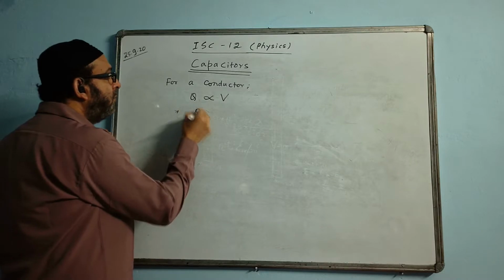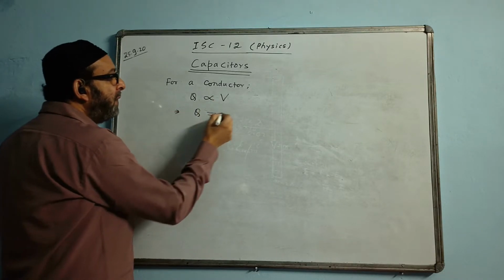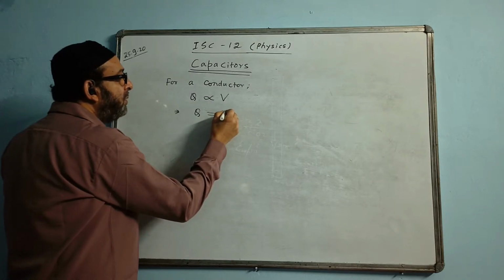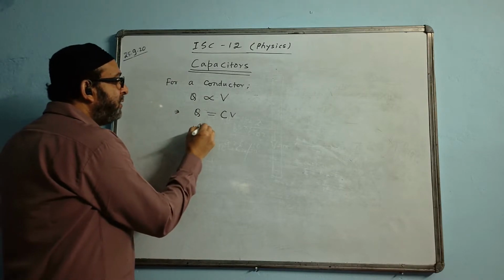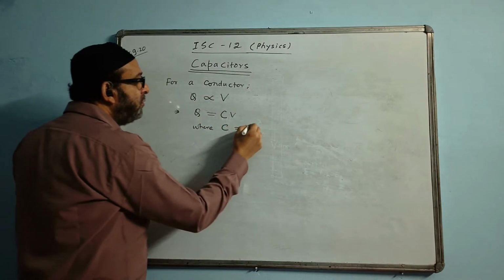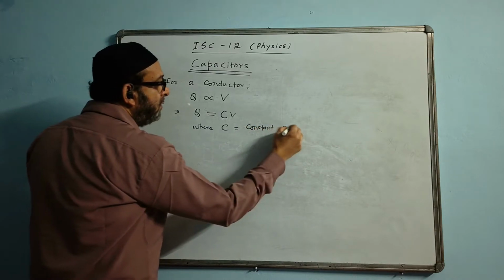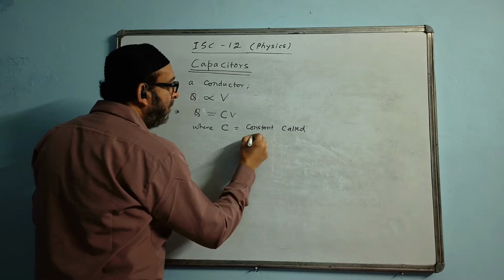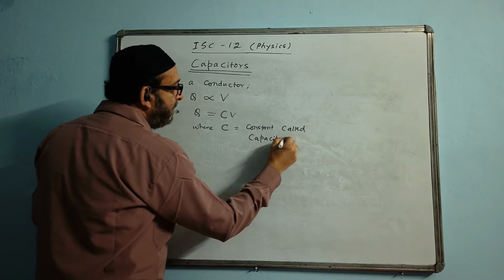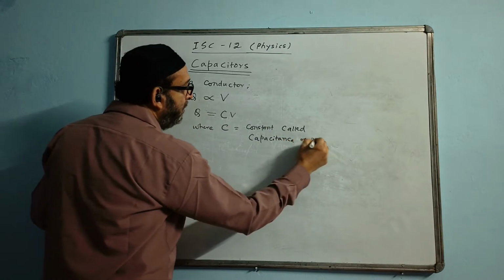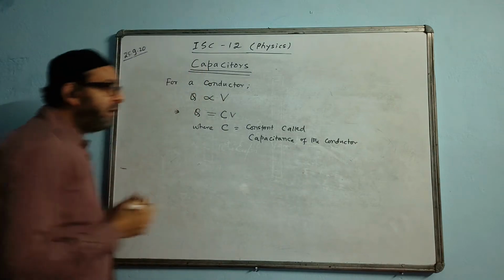So to remove the sign of proportionality and change it with the equal sign, we multiply by a constant. That constant we denote by C. We write Q equal to CV, where C is a constant called capacitance of the conductor.